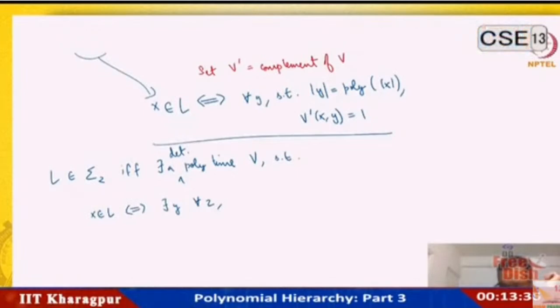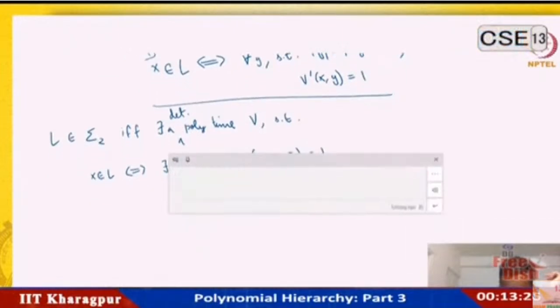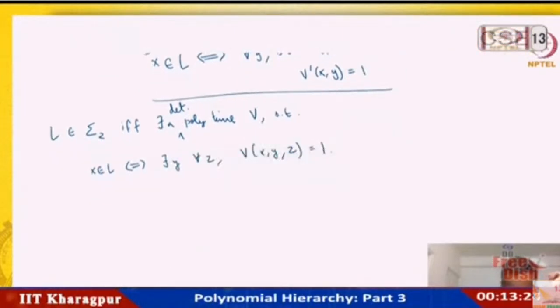I am skipping the part about y and z being of polynomial length, just for brevity. Now what about the complement of this? Let us try to negate the left hand side and right hand side. x is not in L, that is the negation of the left hand side. So we want the negation of: there exists y such that for all z this is true.